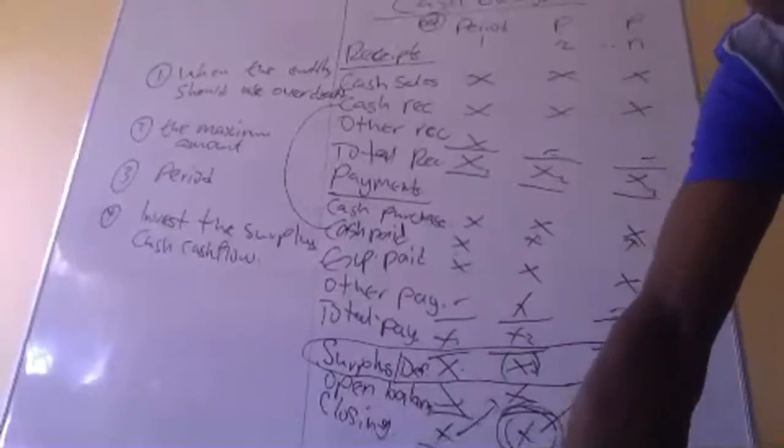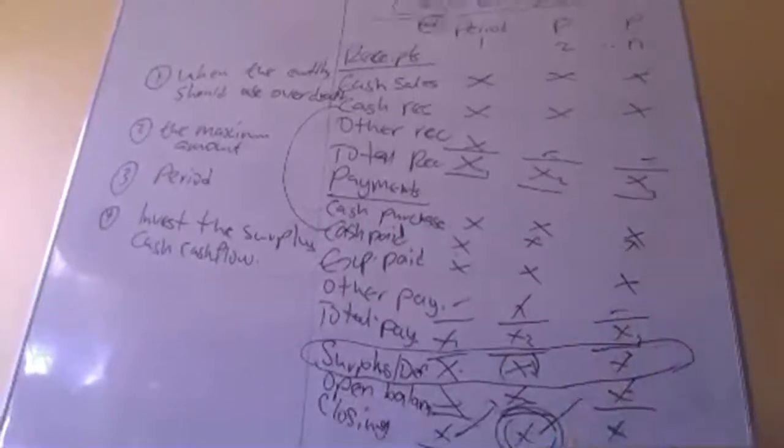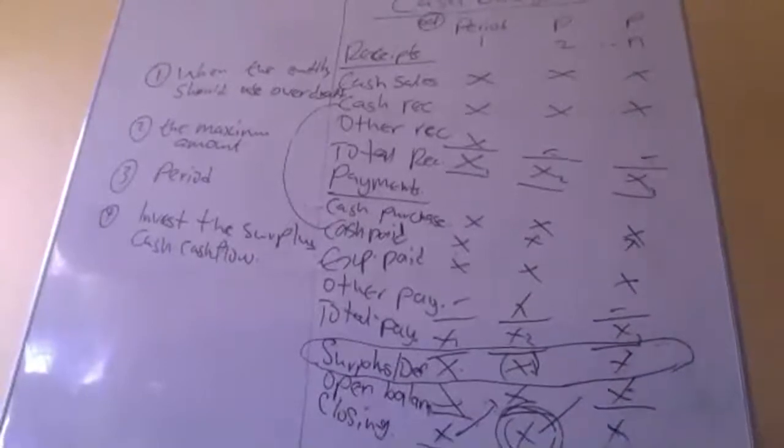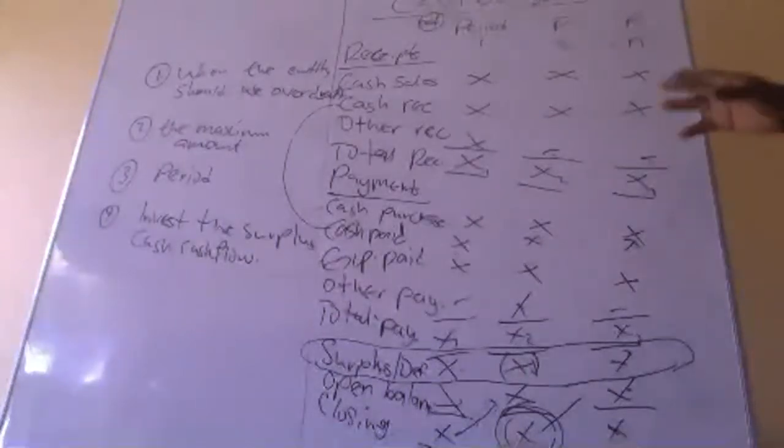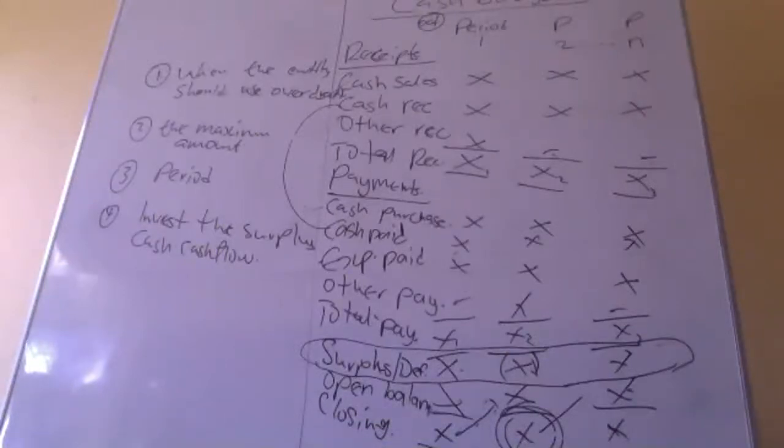I hope everyone can hear me now. So now that we know what cash budget is, and the advantages, disadvantages, and even the format, we can go ahead. When you take the handout, question 1 is your homework in advance.